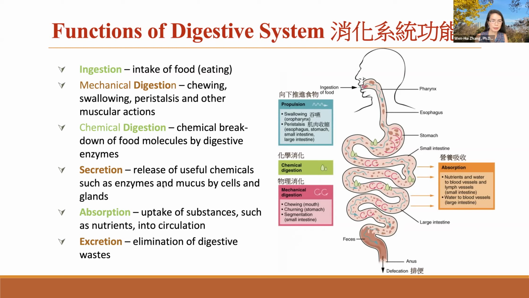Secretion, that's the release of chemicals and enzymes for the digestion and absorption. So absorption is the uptake of the food molecules after being digested by the enzymes. So these are the nutrients. So take the nutrients from food into body circulation, and last excretion to eliminate the digestive waste.